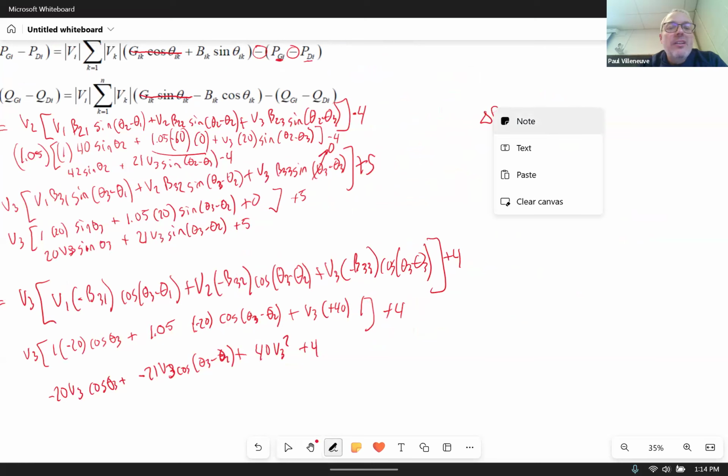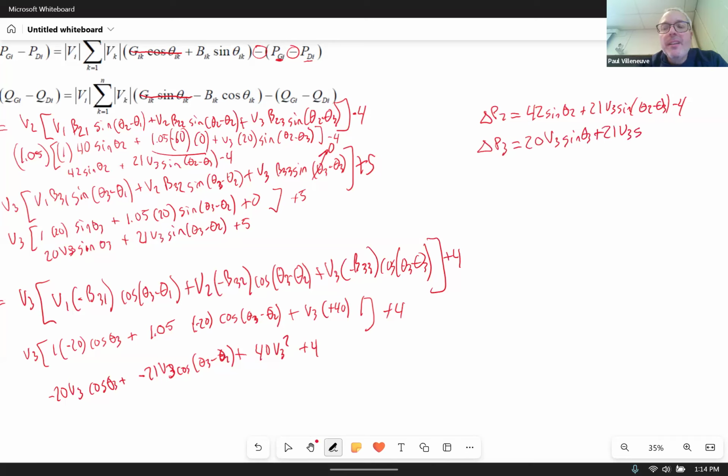Delta P2 is equal to 42 sine theta 2 plus 21 V3 sine theta 2 minus theta 3 minus 4. Delta P3 is equal to 20 V3 sine theta 3 plus 21 V3 sine theta 3 minus theta 2 plus 5.